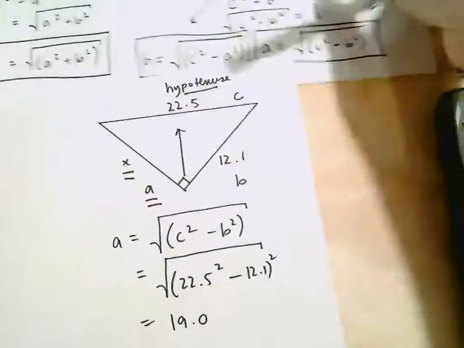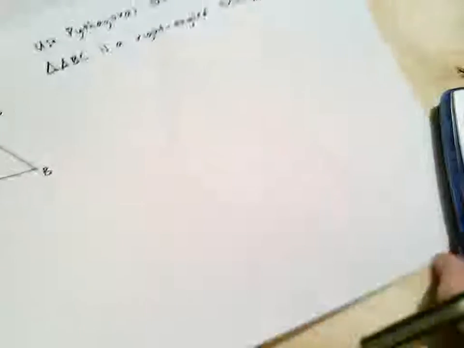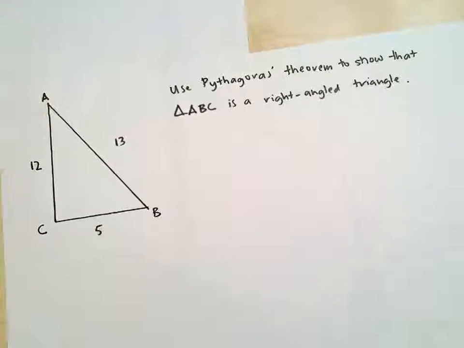Let's try a couple of past HSC questions to see how you go. Here's the first one that I just want you to have a go at. It says, use Pythagoras' theorem to show that triangle ABC is a right-angled triangle. Well, to show that it's a right-angled triangle means that Pythagoras' theorem would be true.